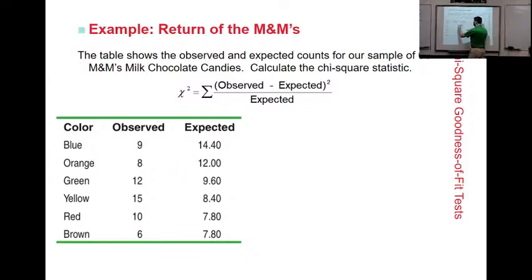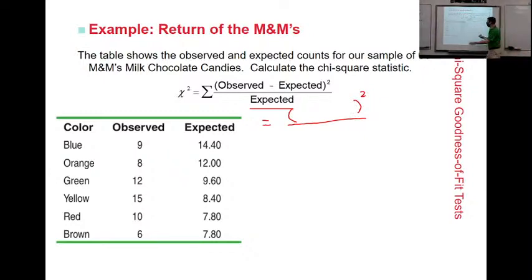So for blue, I'm just going to show the one for blue, and then I'm going to have you try the rest. Observed minus expected, squared, over expected. Here's our observed for blue.